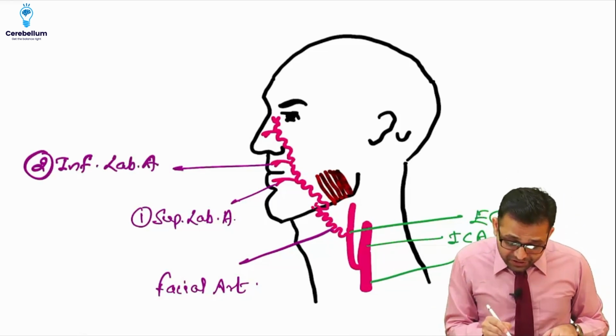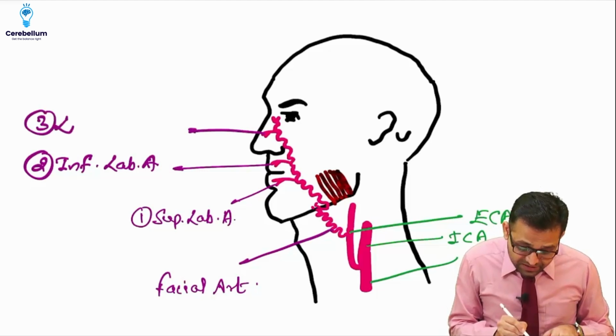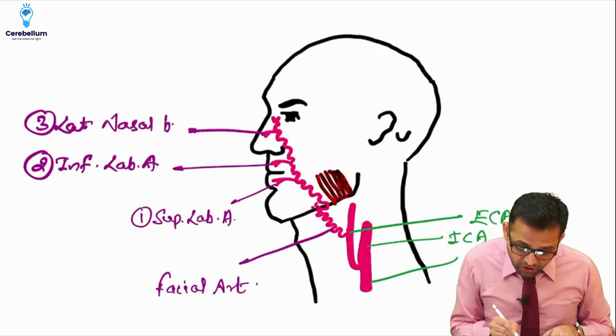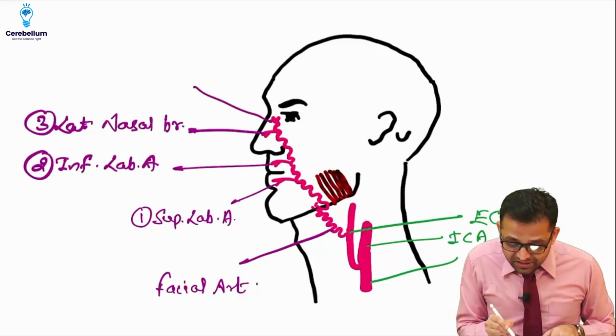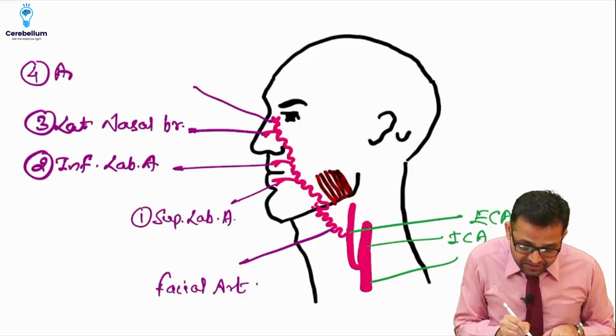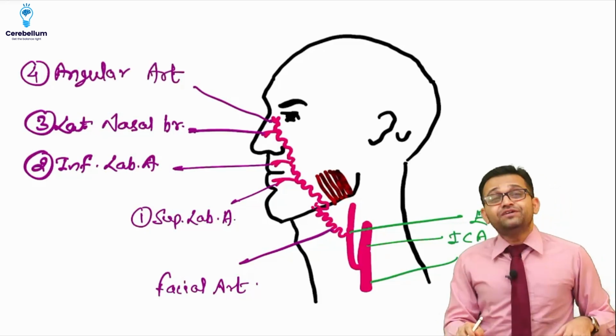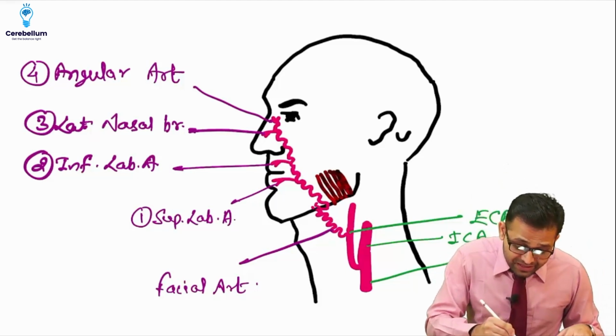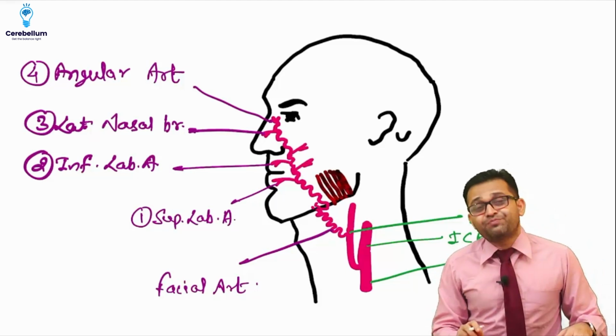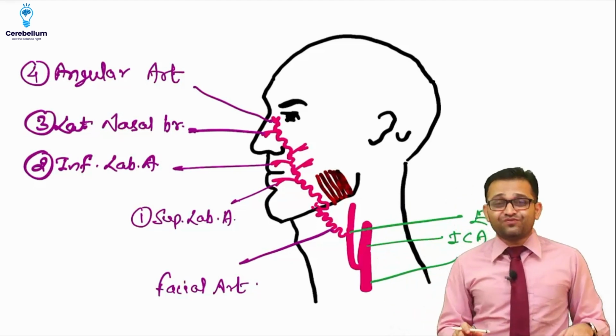The next artery you can say, sir, this one is the lateral nasal artery branch, and it is terminating as our angular artery. Getting the point? Also, it will give many unnamed muscular branches. So these are the main branches from the facial artery.